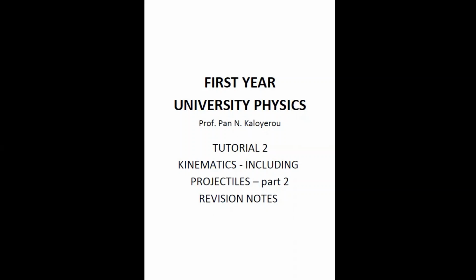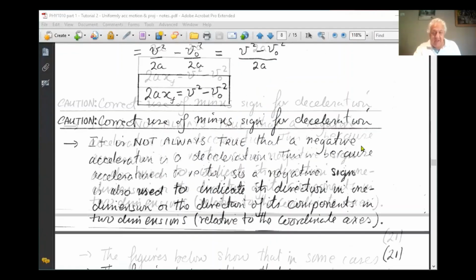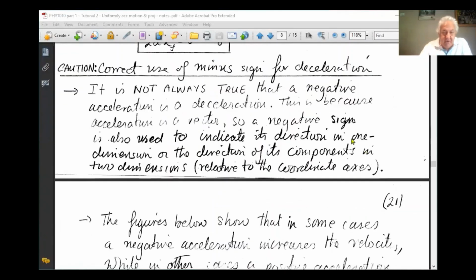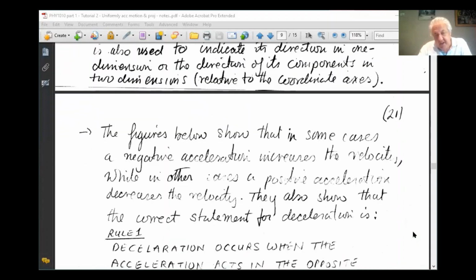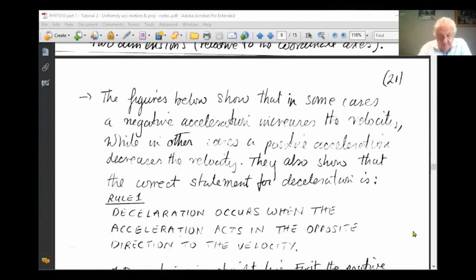Okay, let's go to my notes. Now there's another important thing that I need to explain to you. Let me just show you the notes, and I'm going to explain it on the whiteboard.